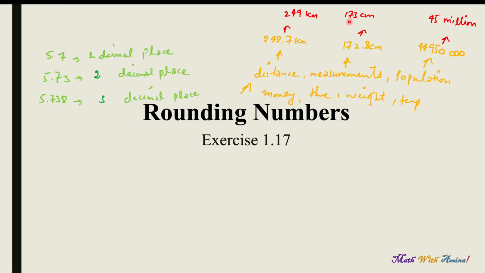We say height is 173 centimeters. If you talk about the population of a certain country, say 44,09,950,000, instead of saying this, we say right away that we round it off to 45 million.